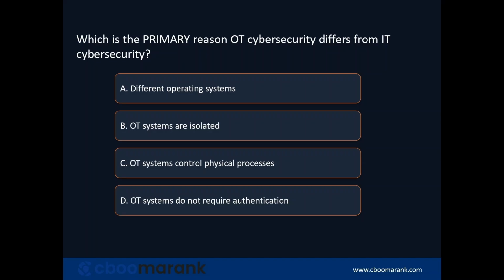Option A, different operating systems. Option B, OT systems are isolated. Option C, OT systems control physical processes. Option D, OT systems do not require authentication. Take a moment.